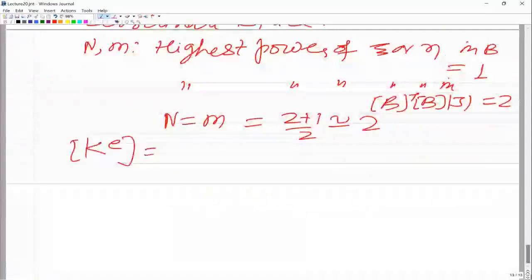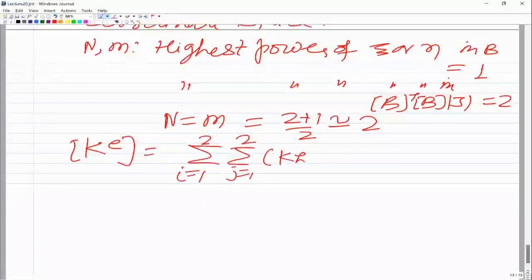So summation i going from 1 to 2, summation j going from 1 to 2, and then you have kh, B transpose into B into determinant of J evaluated at xi i, eta j, into Wi into Wj.